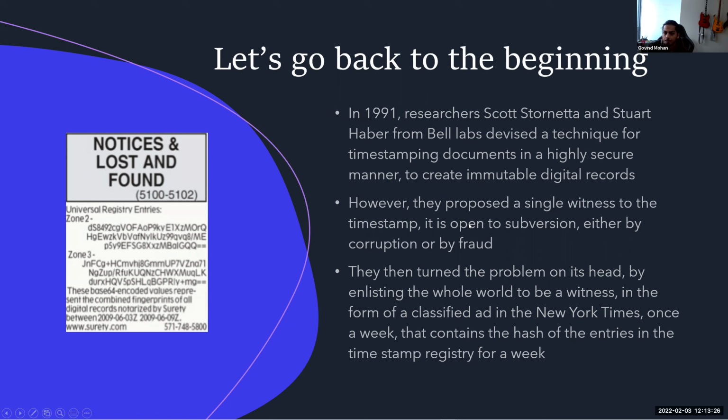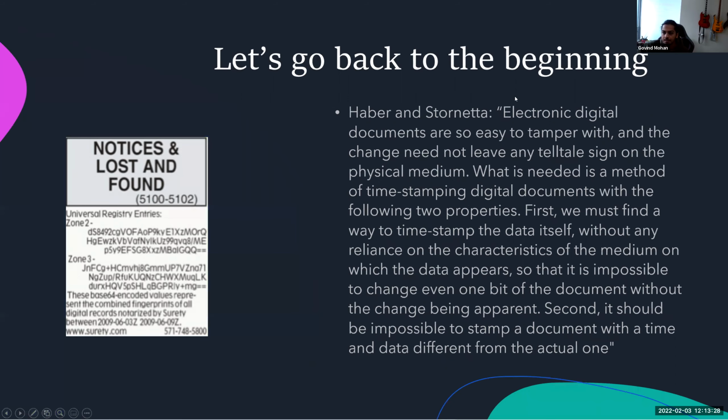That's what this is. And they say electronic digital documents are so easy to tamper with, and the change need not leave a telltale sign on the physical medium. These days we have DocuSign and all these different document notarization services, where back in the day we just had a signature, right? Anyone can forge a signature, really, if you think about it. There may be ways to detect it using advanced techniques.